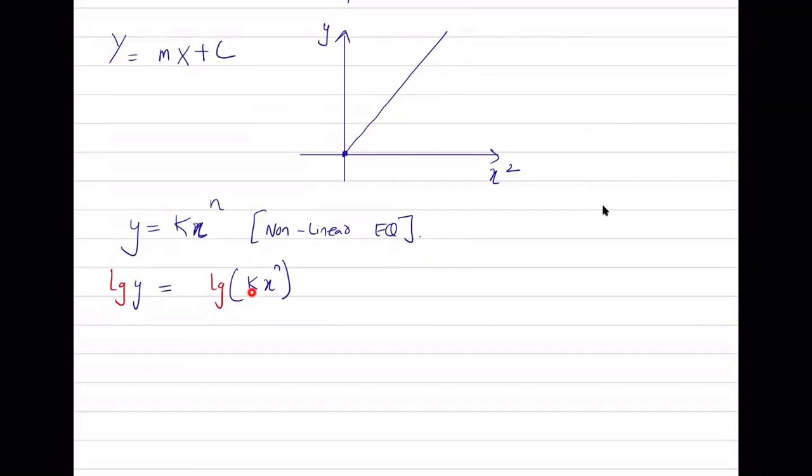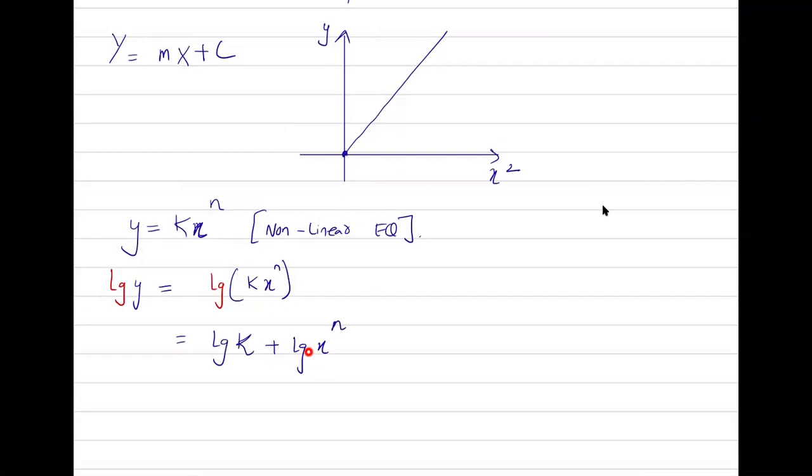If we were asked to expand the log of a product, we would write log of k plus log of x to the power of n. Is this step clear?